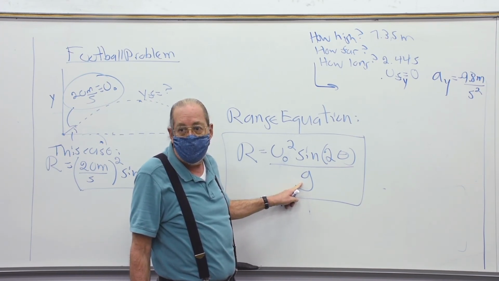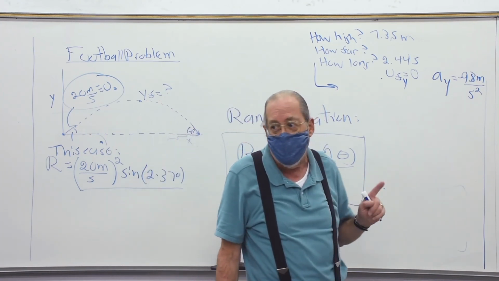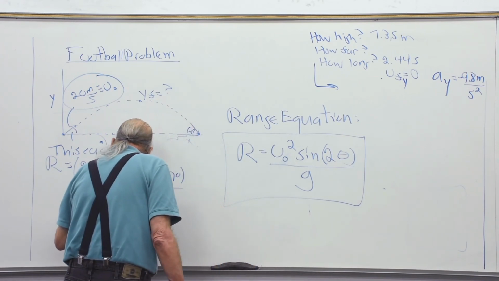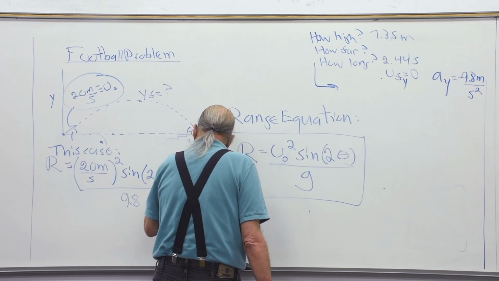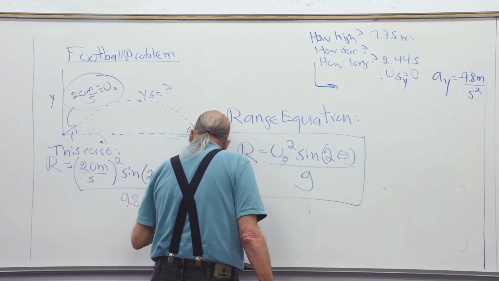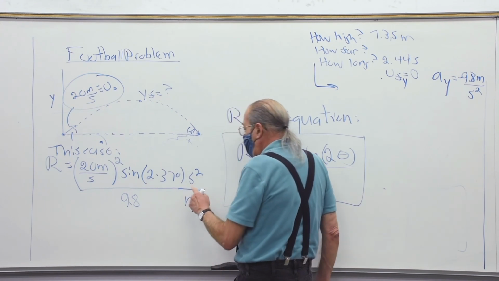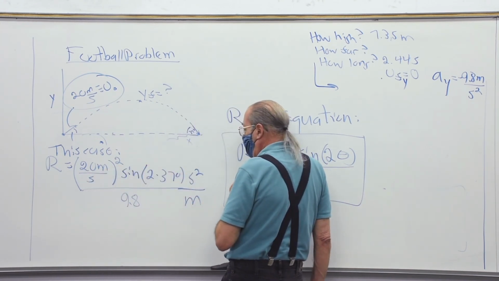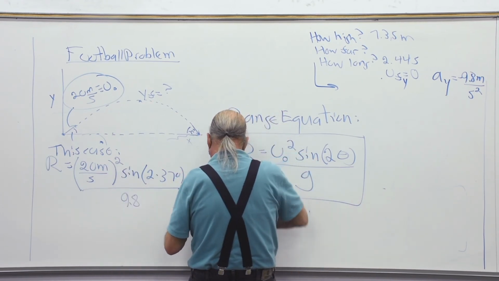Always positive. The symbol G is always positive. It is the magnitude of the acceleration due to gravity, 9.8 meters per second squared, because we're dividing by units. Notice seconds squared cancel seconds squared. Meters go into meters squared meters.